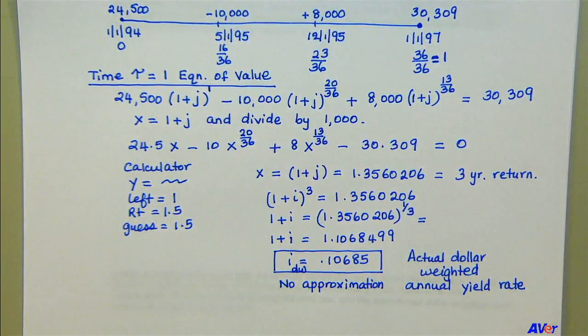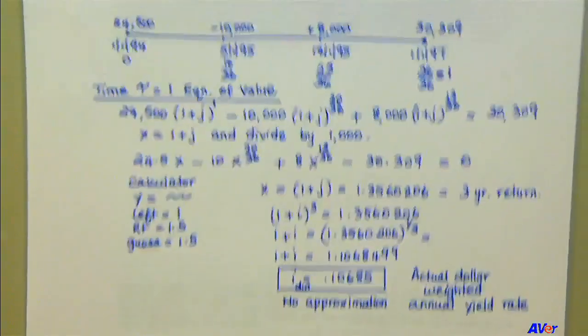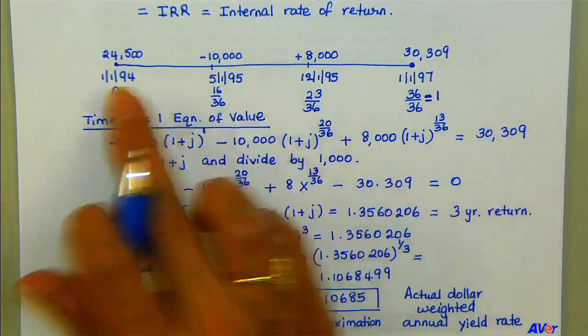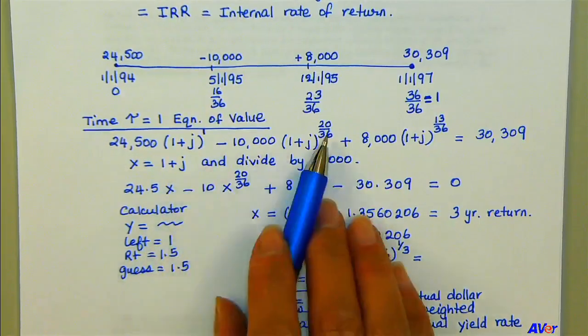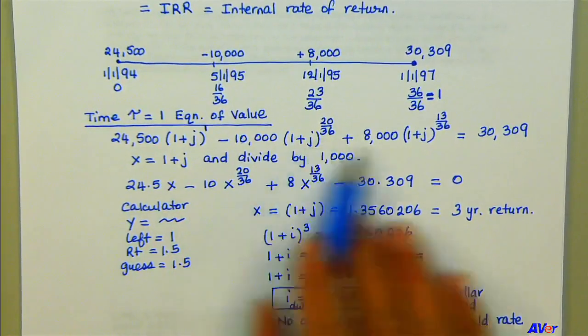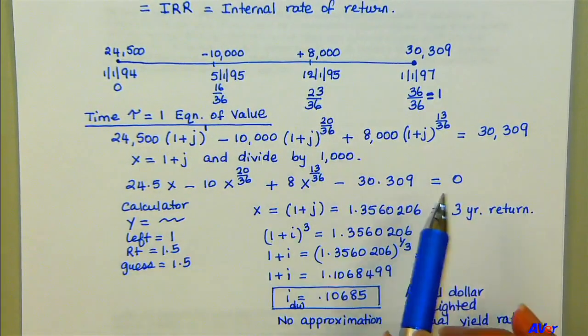So, if you don't want to do the dollar weighted the way we did before, you could use this exact timeline and just replace all of these by the simple interest approximation right here.